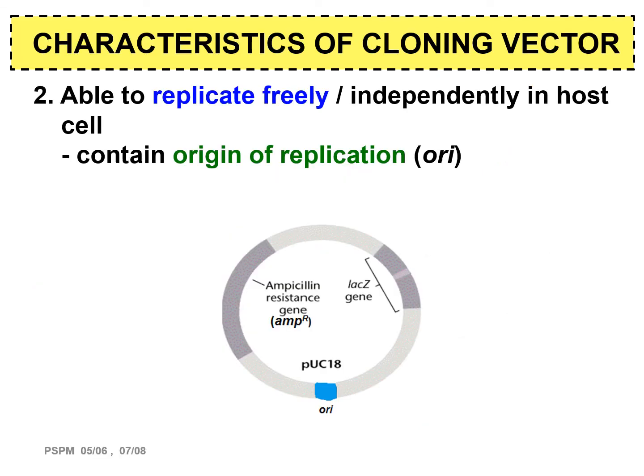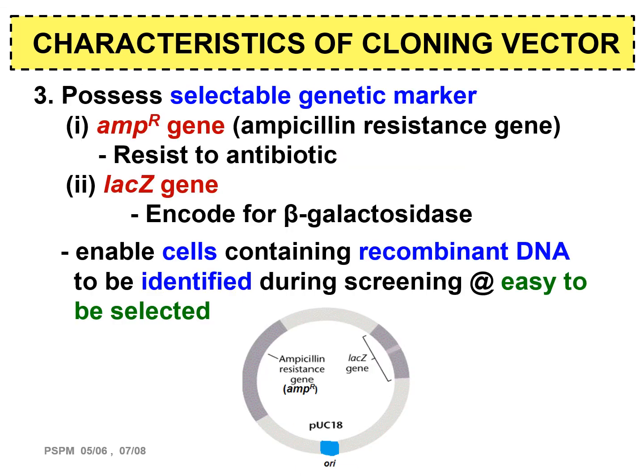The second characteristic that a cloning vector needs is being able to replicate freely because they contain an origin of replication. If not, how can they express the gene that they carry? They also need to possess a selectable genetic marker. The most commonly used genetic marker, especially for you to memorize, is the AmpR gene.